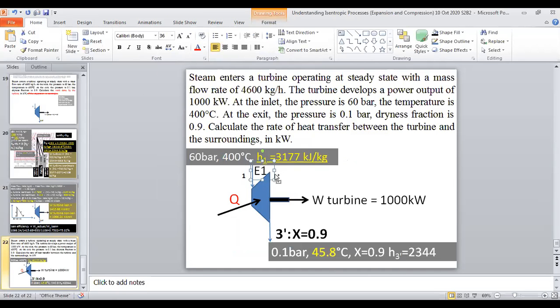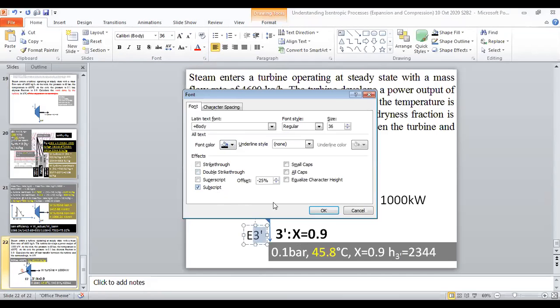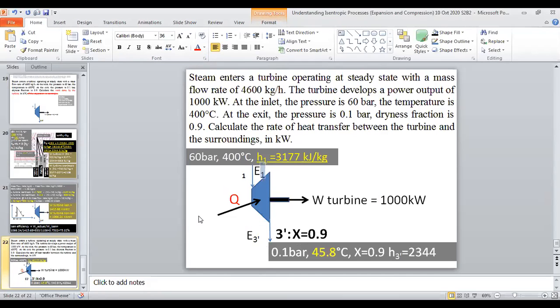And now leaving here, a little energy somehow leaving, that is E3 dash. So I will use 1 and 3 dash for the moment, because we have used 2 somewhere else. Otherwise, your exit can be 2. 2 I put at the middle. Okay, E1, 3 dash. So W here, Q.